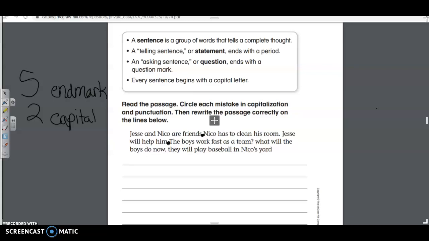Two mistakes in that sentence. What will the boys do now? Find them, Haley.